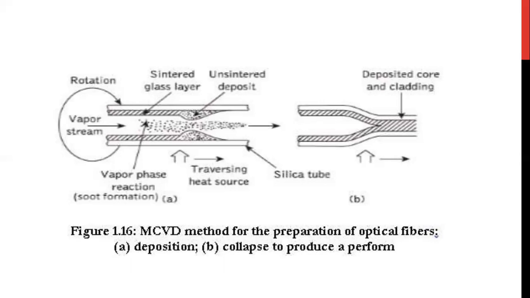As you can see, the outside layer is already formed, that is glass, SiO2. Inside, we have to create what? We have to create the core region. So in order to create the core region, the vapor stream should contain dopants in such a way that the dopant should increase the refractive index.